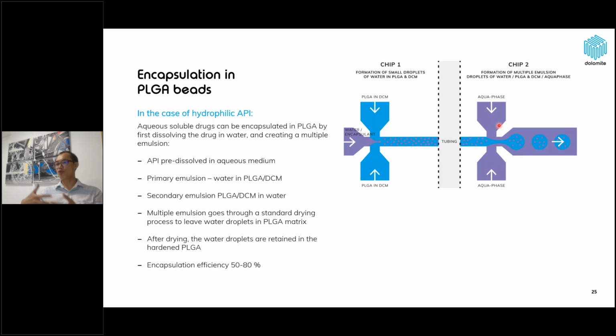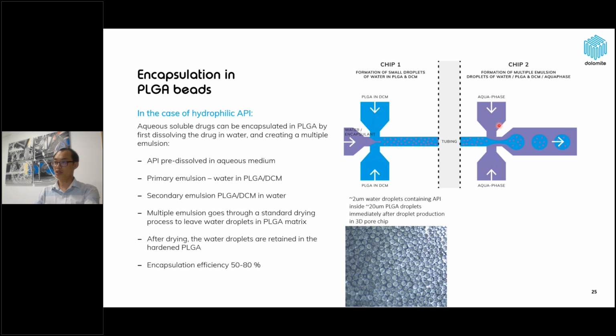So the multiple emulsion will go through a standard drying process to leave water droplets in the PLGA matrix. After drying, the water droplets are retained in the hardened PLGA microsphere. The encapsulation efficiency using this method is from 50 to 80%.